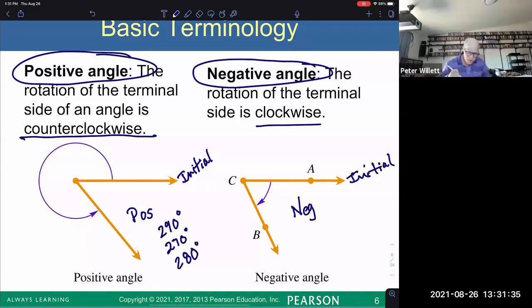Well, those are all possible angle measurements. For example, we know here we're at 180. If I go another 1/4 of a turn, that would add another 90. So this is 180, and this is 90, and if I add another 90 degrees of opening, 180 goes to 270.